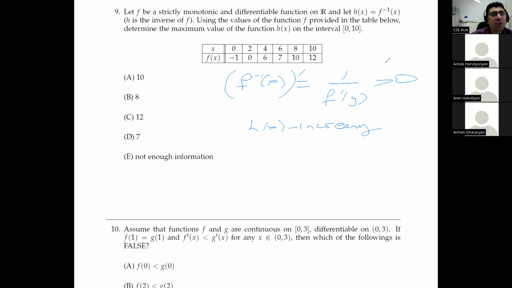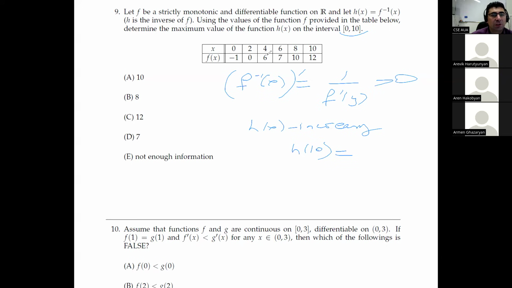What is its maximum value on the 0 to 10 interval? Aren't the values swapped when we consider the inverse of the function? Yes, you are right. But first, what I'm asking, what is the maximum point of our function h? Maximum point is 10, right. Now, what is h(10)? 12? 8.